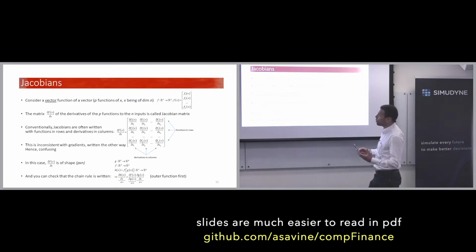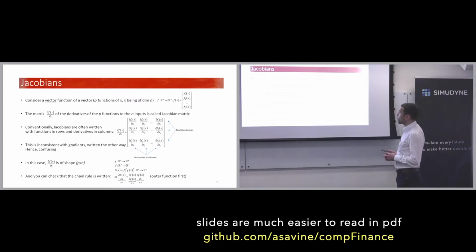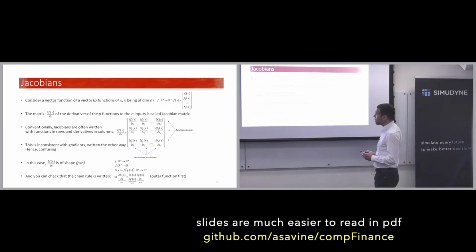So we obtain a matrix, no longer a vector, and it's no longer called the gradient, it's called the Jacobian. Conventionally, it doesn't have to be the case, but most people write Jacobians with functions in rows and derivatives in columns.